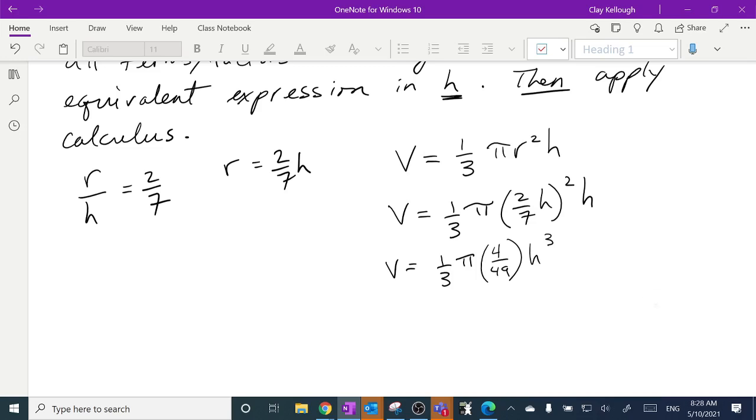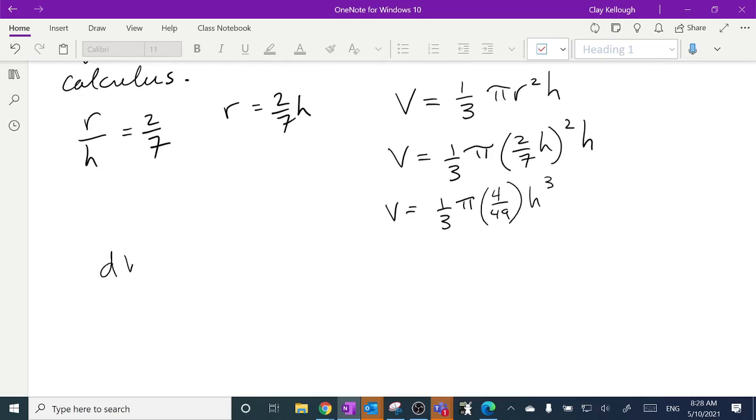Okay, so the derivative of v with respect to time. So we're doing the derivative with respect to time, so that creates a variable on v. 1/3 pi 4/49. All of this is coefficient, so of course you can just bring it out front. And then you're doing the derivative with respect to time of h cubed.